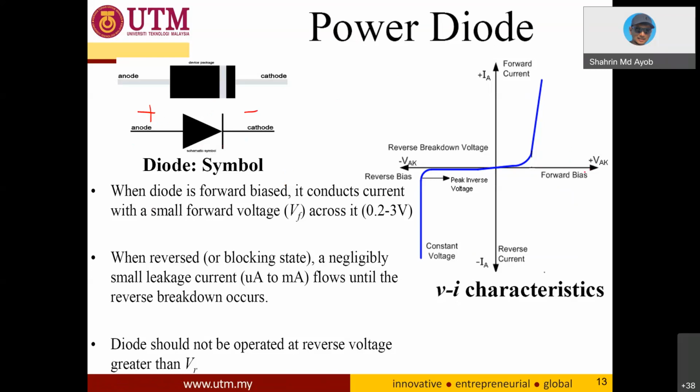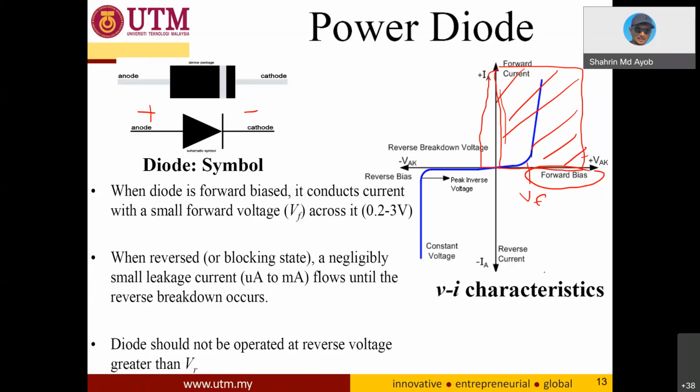And this is the characteristic when it is turned on, where you can see VF, the voltage drop when it is forward biased.